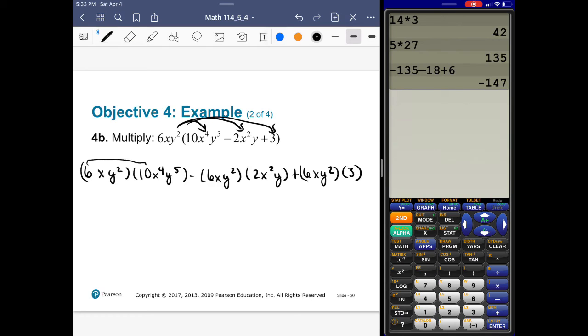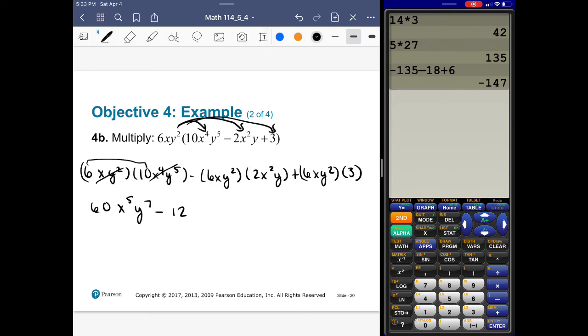So I have that 6 times 10 is 60. X times x to the fourth, that's going to give me x to the fifth because the exponents will be adding because we have the same base. And y squared times y to the fifth, same base, therefore the exponents are adding, so 2 plus 5 is a 7. So I'm done with this.